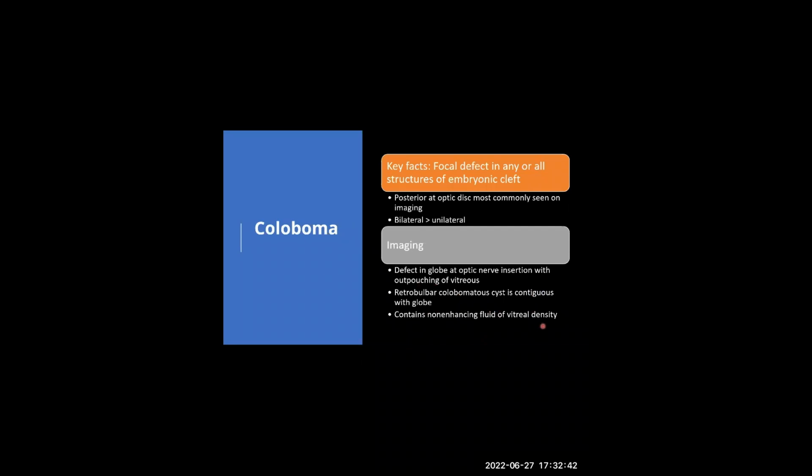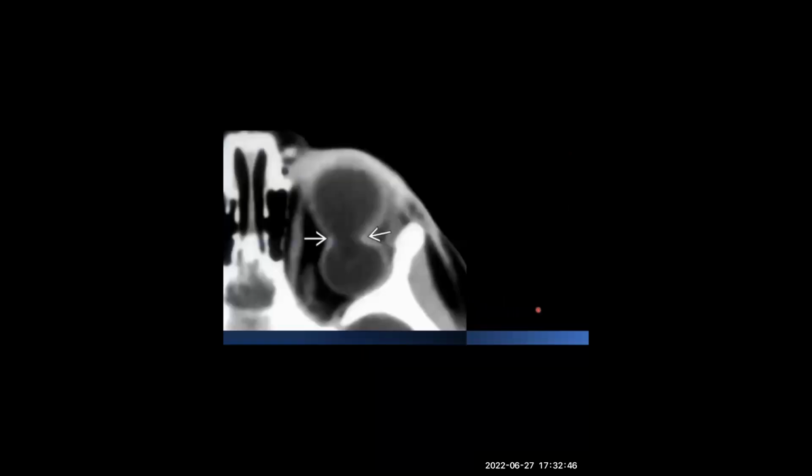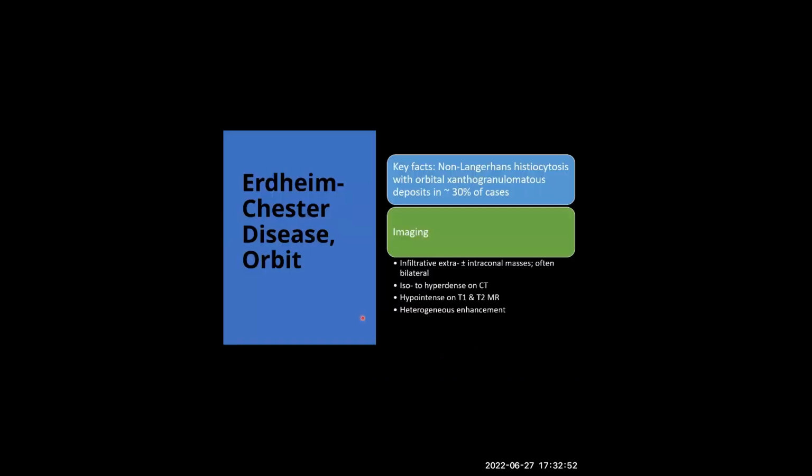The other pathology is the staphyloma. Okay, this is the coloboma. You will find here it's a bit larger compared to staphyloma. Okay, Erdheim-Chester disease. It is a non-Langerhans histiocytosis with orbital xanthogranulomatous deposits.